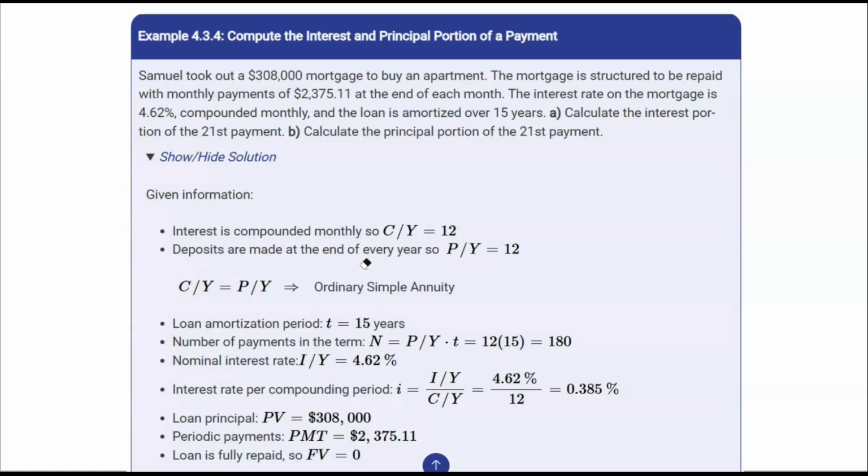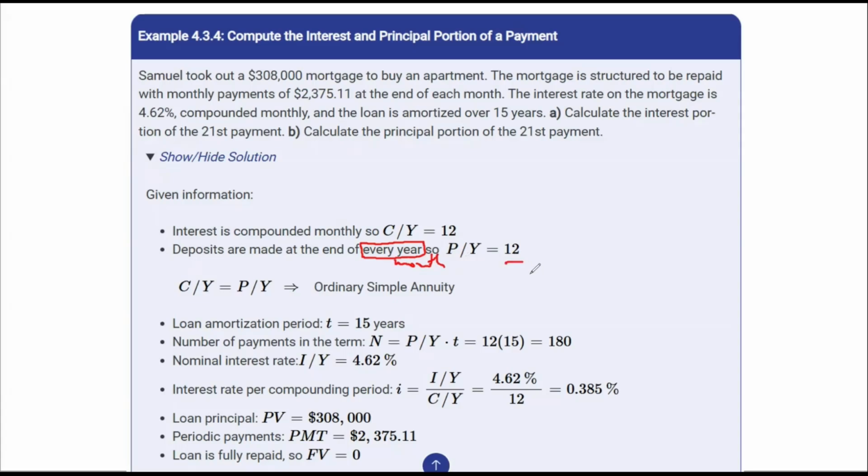I think this is an error here, because you're making deposits of $2,375.11 at the end of each month. So something is wrong. There's an error here. I'm sorry about that. Every month. Sorry, this should be every month. There's a mistake here.